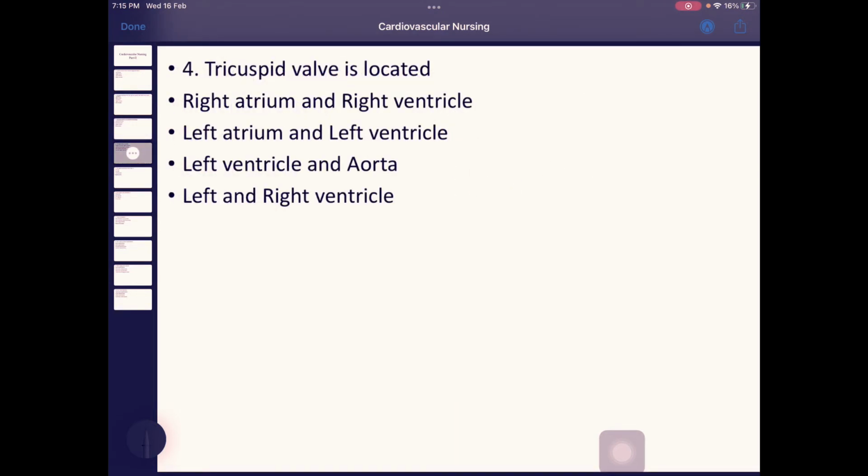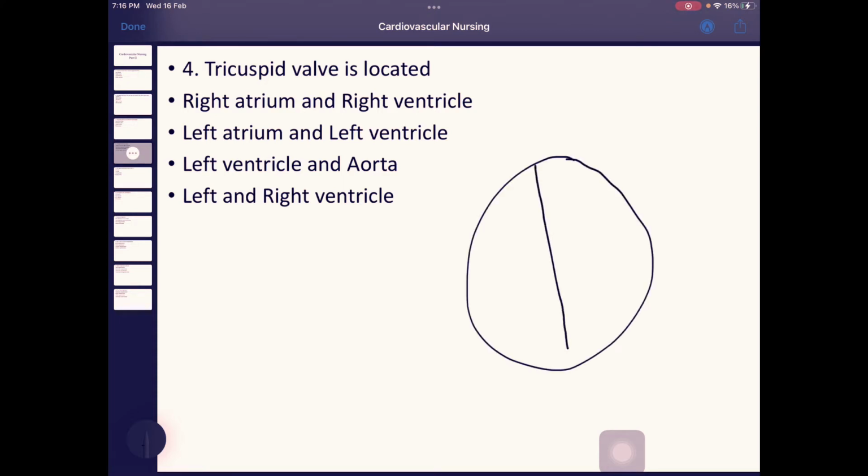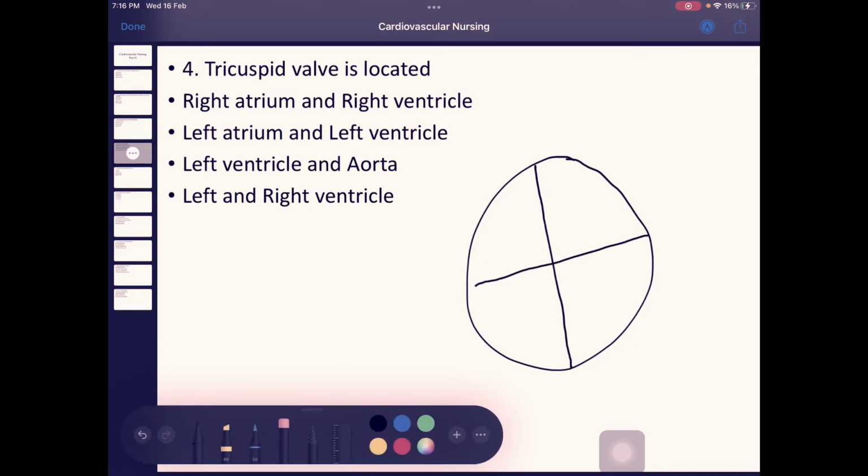The question number 4, tricuspid valve is located, option first right atrium and right ventricle, second option left atrium and left ventricle, third option left ventricle and aorta, and fourth option left and right ventricle. So the question they ask is about this tricuspid valve, where is it located?